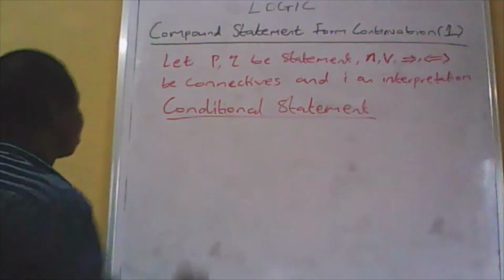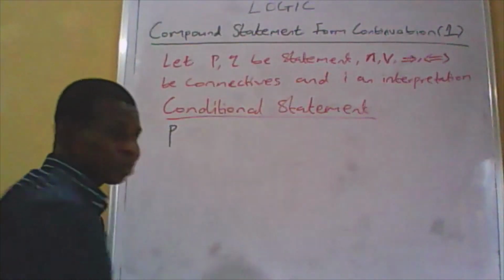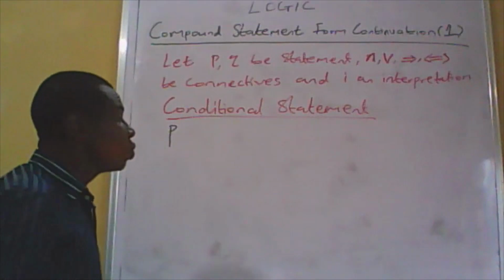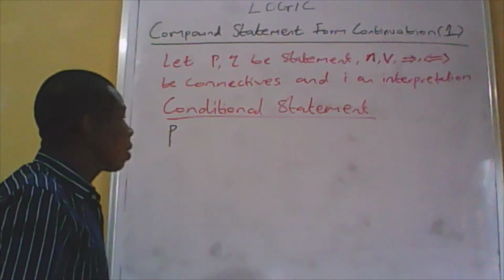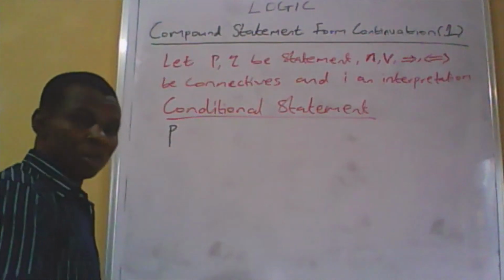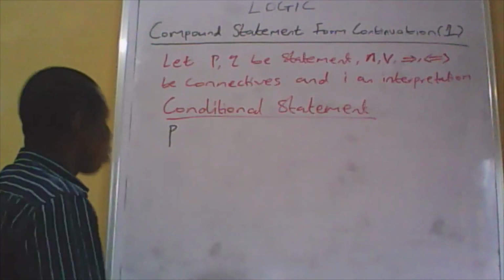See what we mean here? We mean that P and Q are our two simple statements. Now let us use the conditional connective to combine them as a single statement called conditional statement.